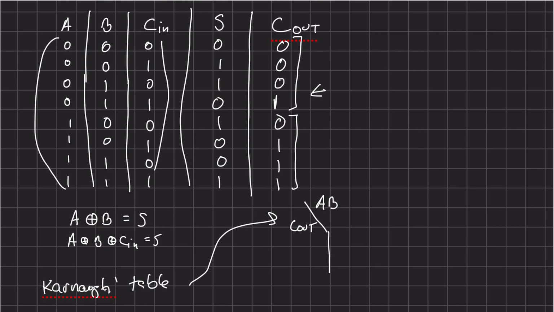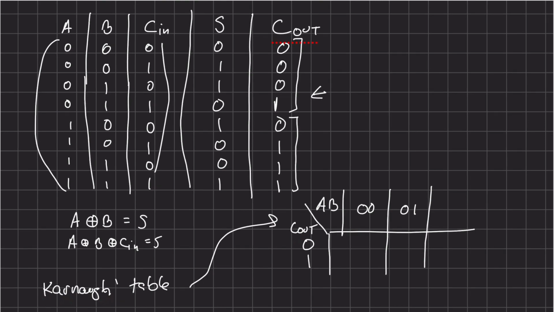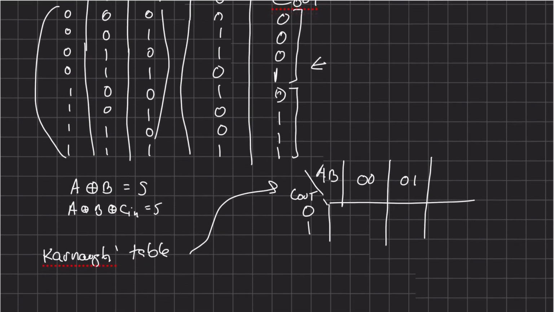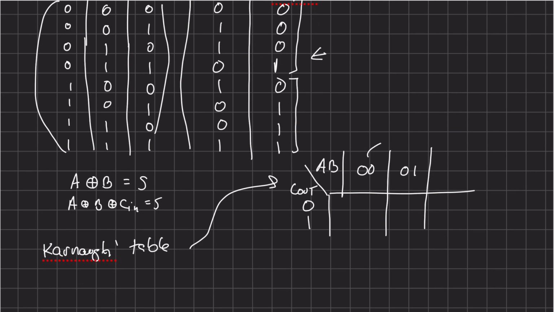So here, C out can have the value 1, 0. AB can either be 0, 0, 0, 1. And now we will use what is called a gray code. I think the term gray is there. So the next one we would want to put 1, 0, but it's not the value we need to put. The way we need to do a Karnaugh table is at each step only one value needs to change.